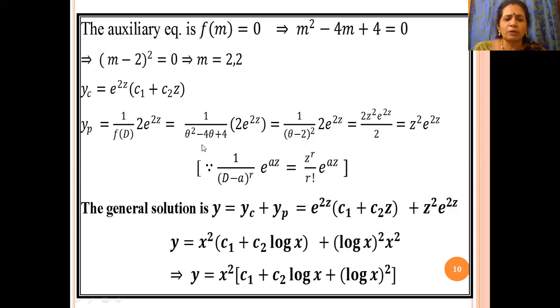Whereas in the second problem, it is given in the form of a product of two functions, e power az into sin bz, so for that we applied a different formula. Whereas here, if we substitute, the denominator value becomes 0, so for this particular case we applied this formula. After getting yc and yp, we substitute in the general solution and we will get the general solution.